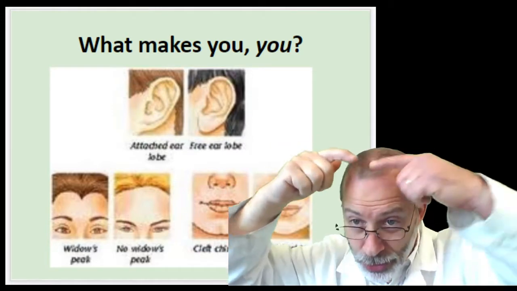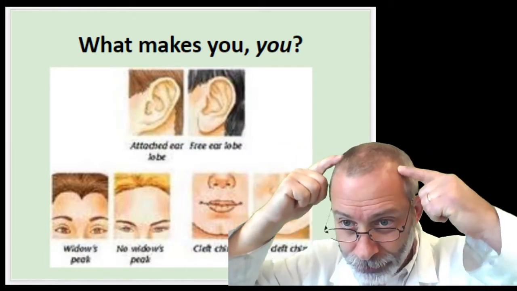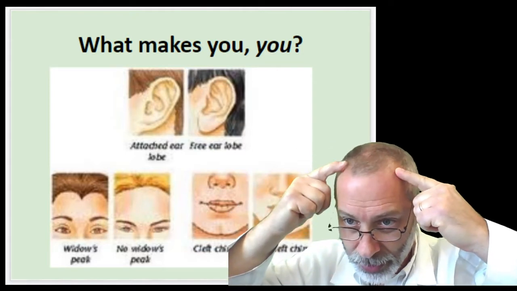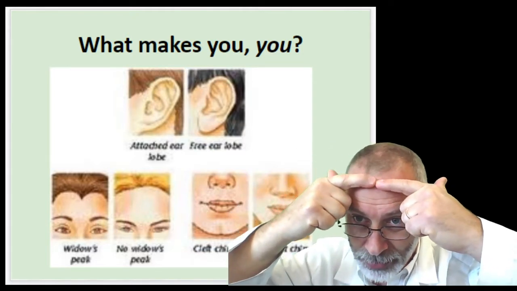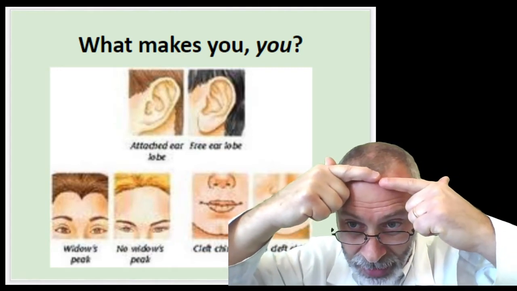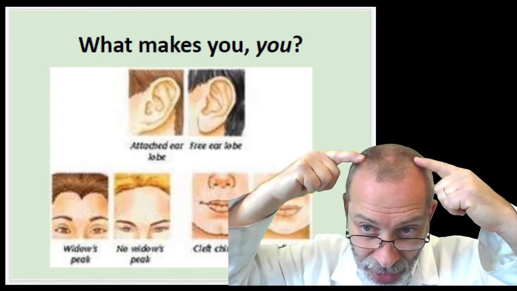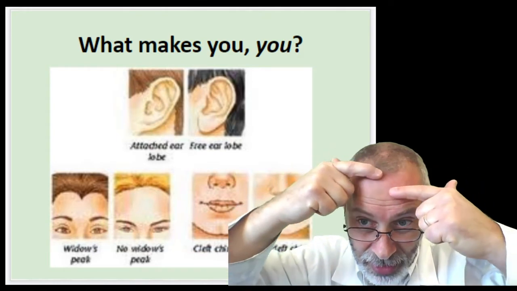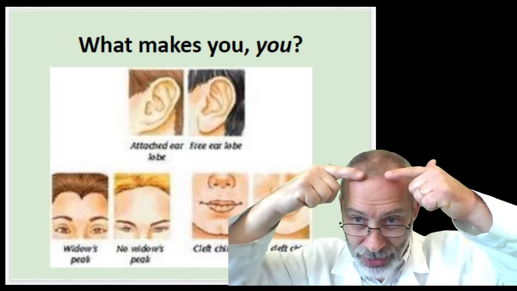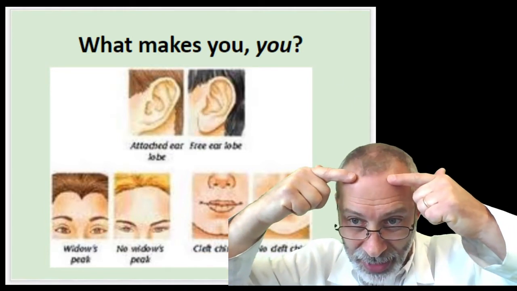But if you look at the shape of my hairline, it goes up on the sides here and comes down in the middle. That was really weird trying to do that looking in the camera.